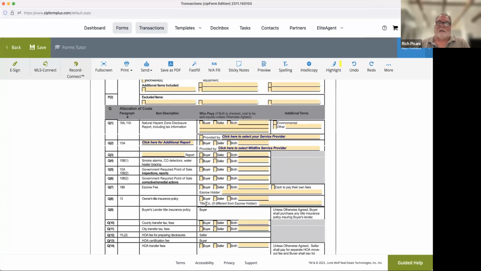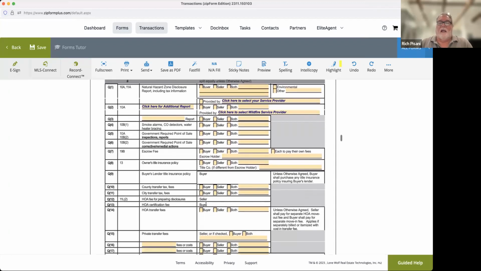Don't put 50-50 because it's never 50-50. Owner's title, customary that seller pays for that, buyer pays their own title insurance. County tax, customary seller. City tax, customary seller. HOA fee for preparing disclosures, customary the seller, defaults to the seller, and the certification fee to the buyer.